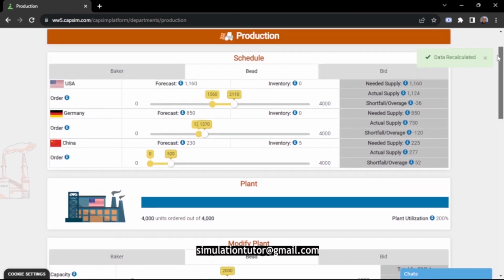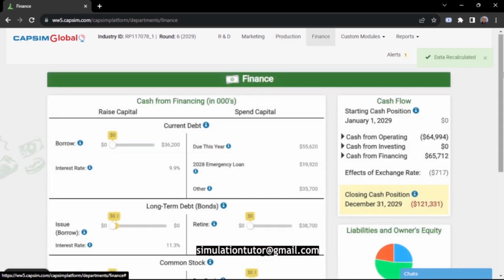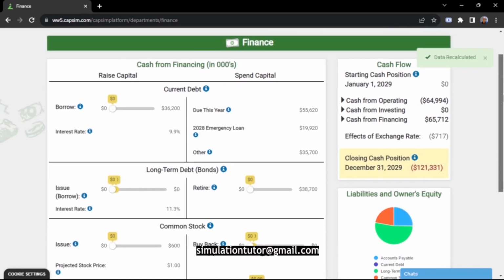So the next thing is the finance section. So let's look at the finance section. Under the finance section here, I see that my closing cash position is negative 121,331. So I just want to reduce this one. So I'll borrow 36,200.